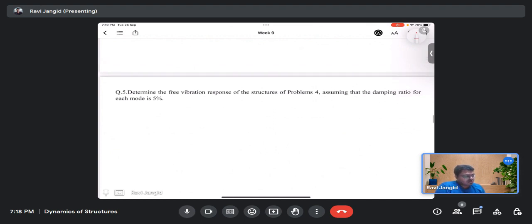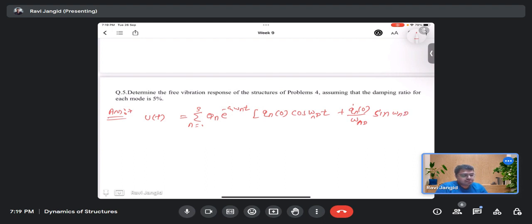So the solution for this damped vibration is given as u(t) equal to sum of phi n e raised to power minus xi omega n t, q n0 cos omega d t plus qn dot 0 by omega d sine omega d t.